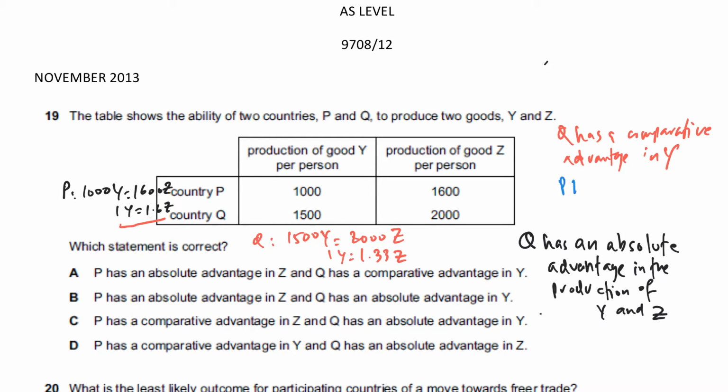So P has a comparative advantage in good Z.